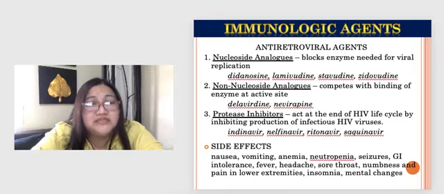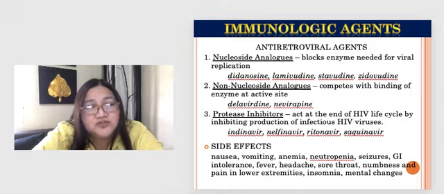And the protease inhibitors act at the end of an HIV life cycle by inhibiting production of infectious HIV viruses, which means these drugs will not really kill the virus, pero bumabagal at nababawasan yung replication, yung binding with a normal CD4 cell to kill it, and yung development ng HIV life cycle na i-inhibit.